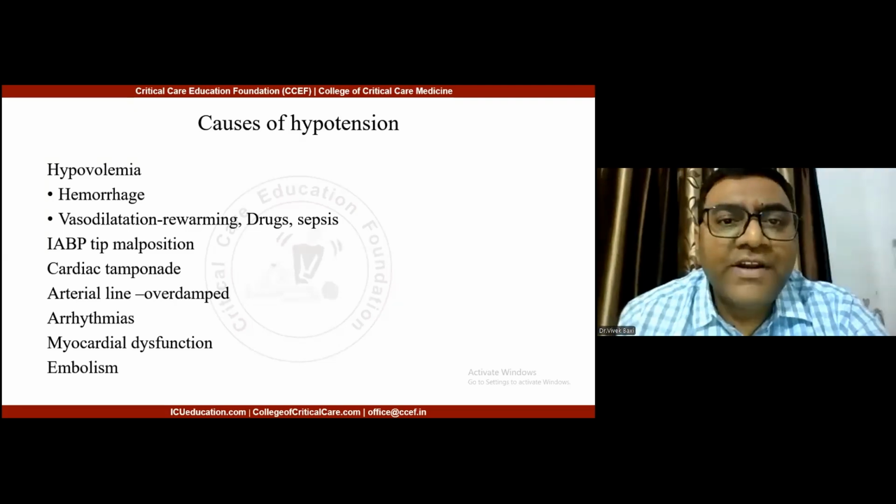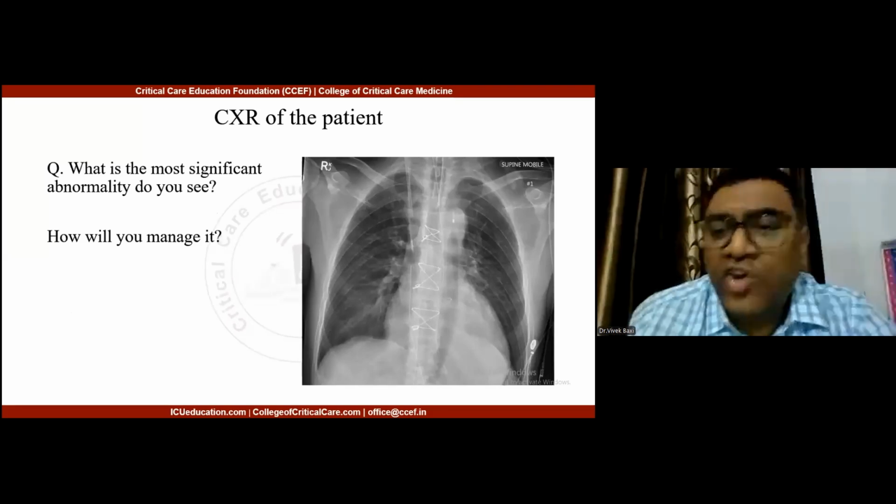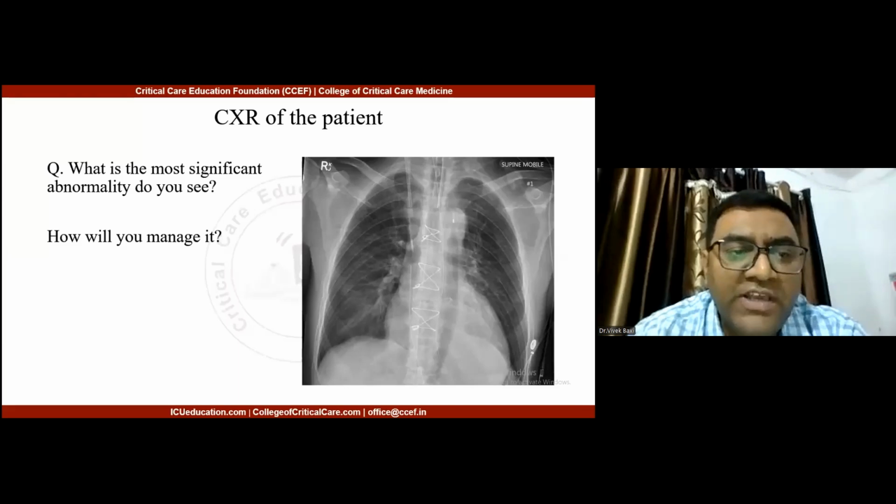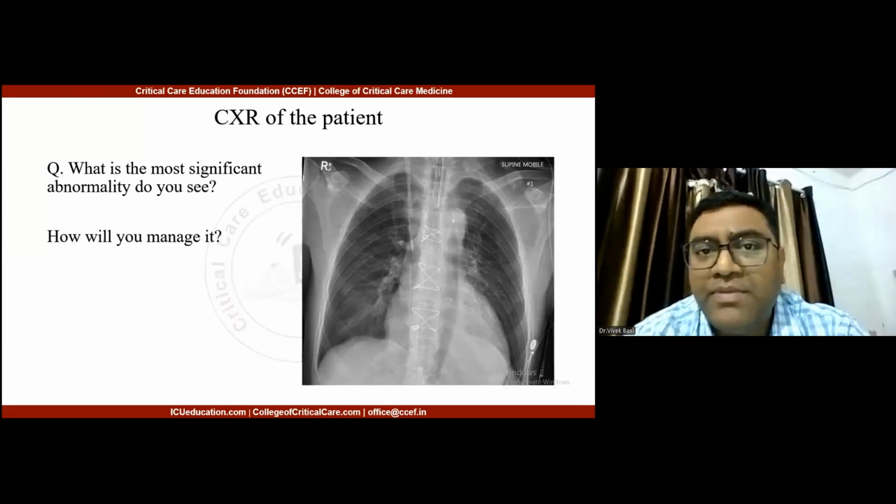So moving forward, suppose this is the X-ray of the patient. What is the most significant abnormality you see and how will you manage it? Please answer in the chat box.